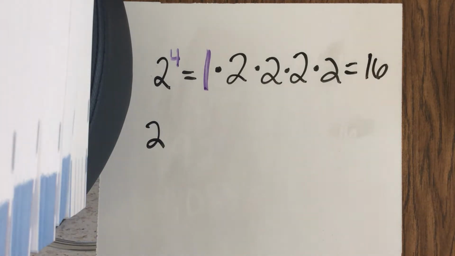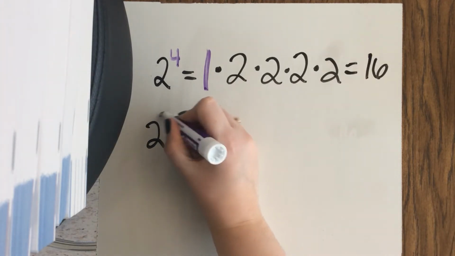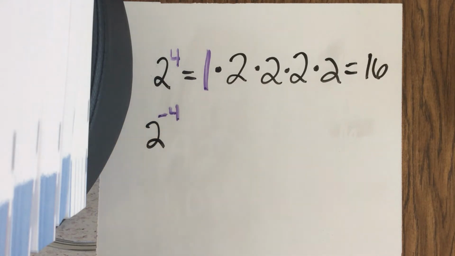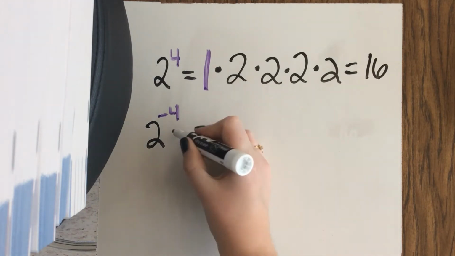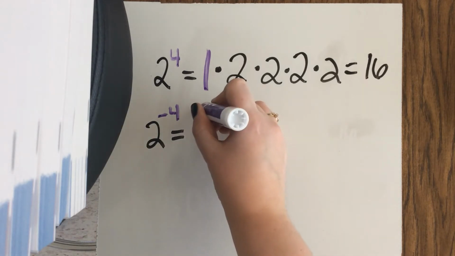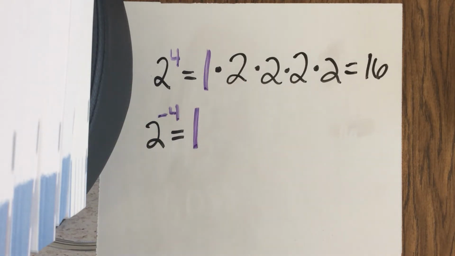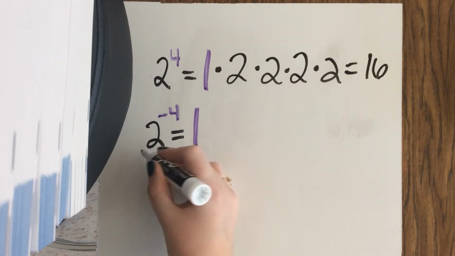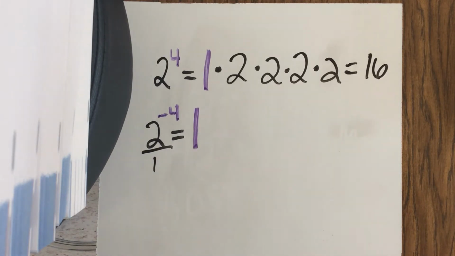Okay, so if we were to take this number 2 and give it a negative exponent of negative 4, now we can still do the same thing where it's 1, and what you're going to do is multiply it by the reciprocal. So this is the long way. When we have the number 2, this is actually 2 over 1.